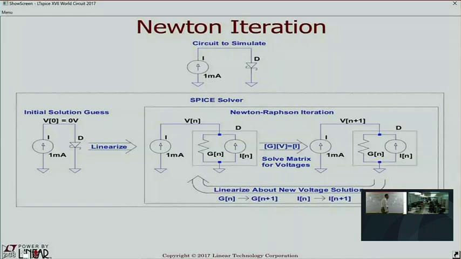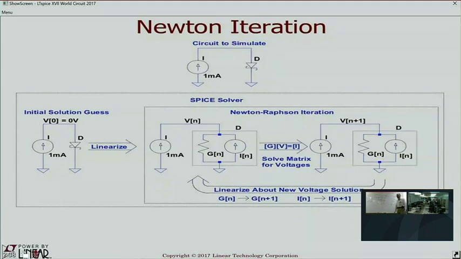Now, if this solution is not the point about which we expanded the Norton equivalent, Newton iteration gives a prescription for what new point you should iterate to, which basically means if you solved it and this is a different V, expand about the solution of this voltage vector.